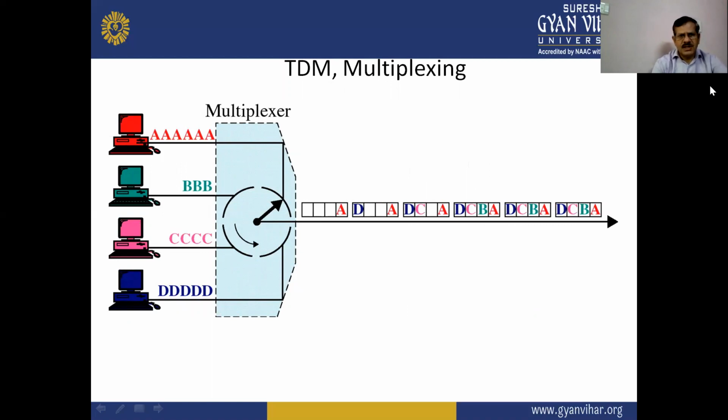In TDM multiplexing, there are different inputs, and these are converted into different time slots or frames. So this is the TDM multiplexing representation in this diagram.